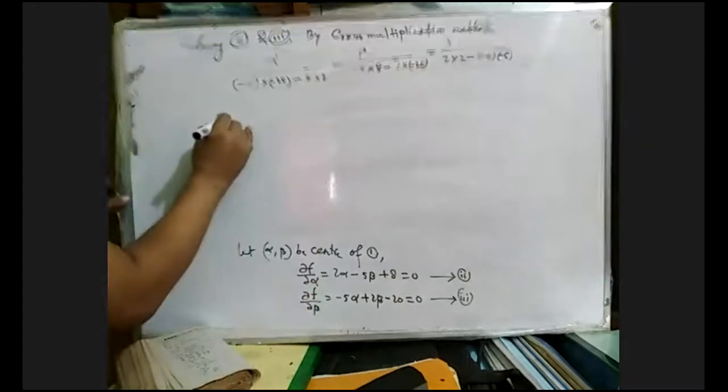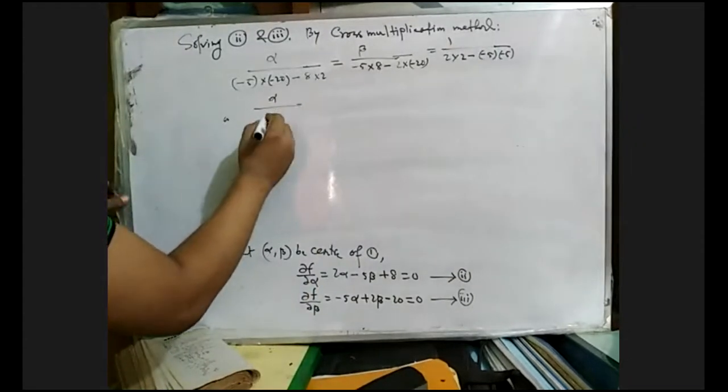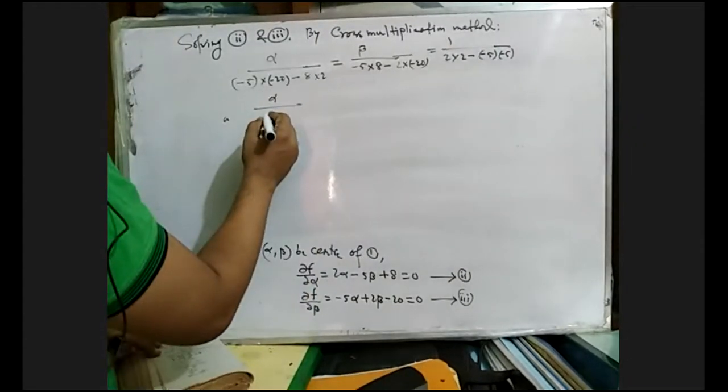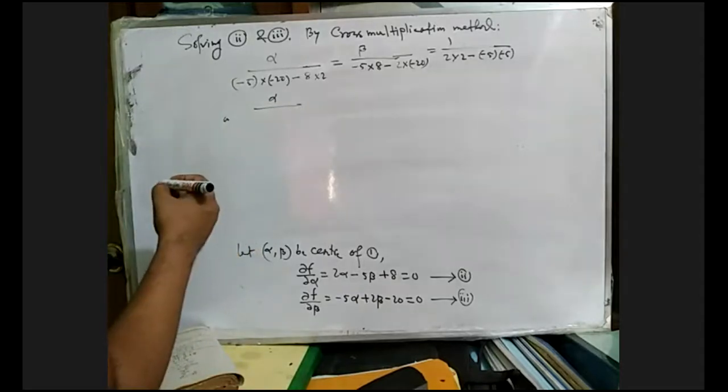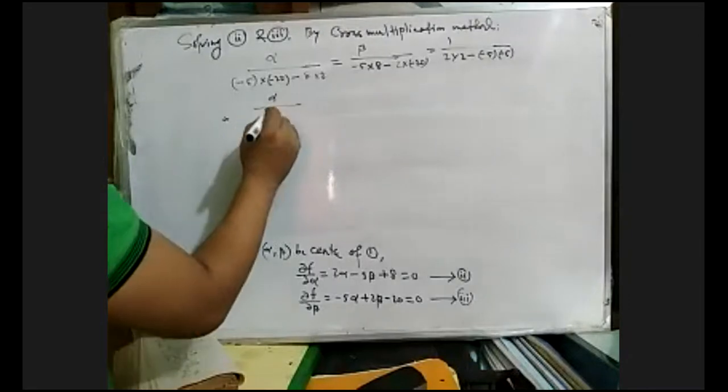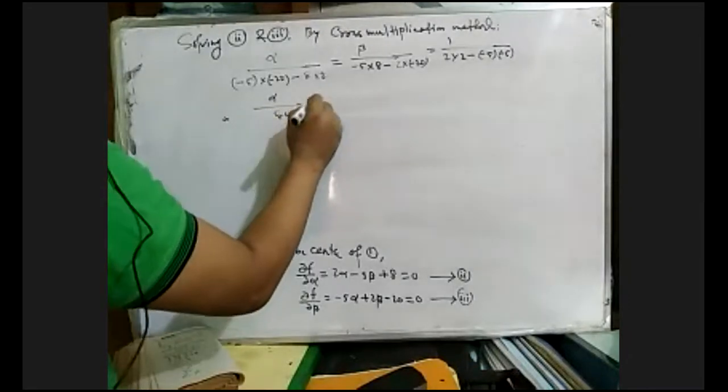So from this, alpha divided by 84, beta divided by what will be?